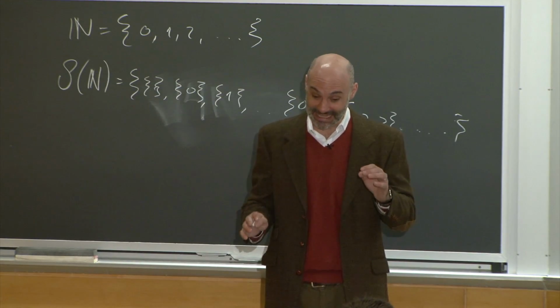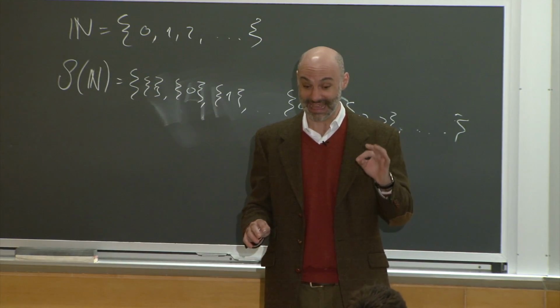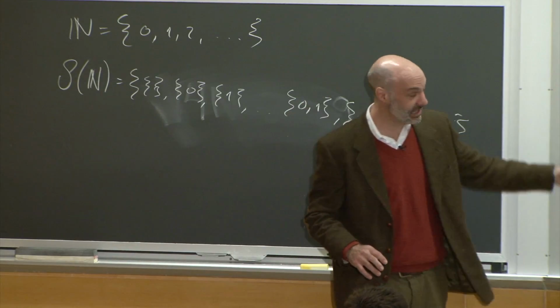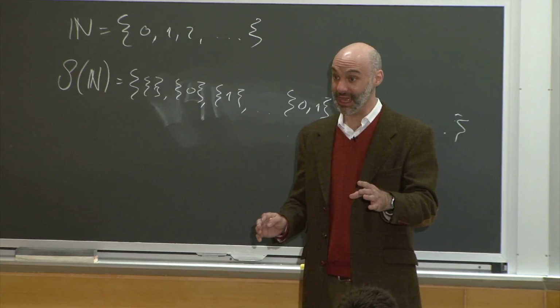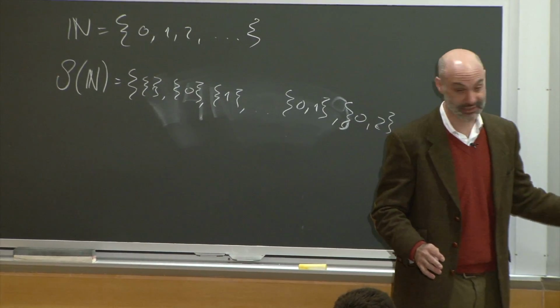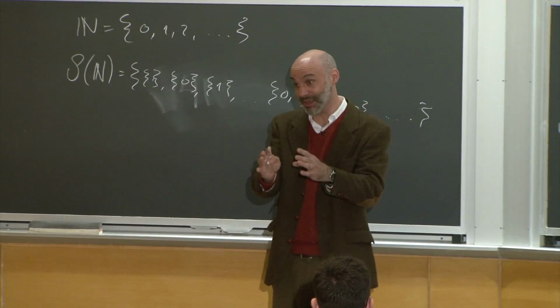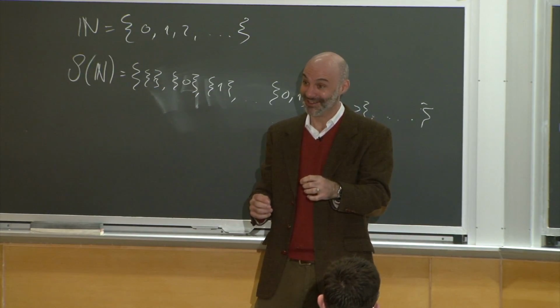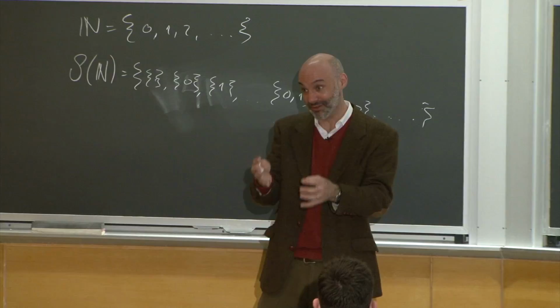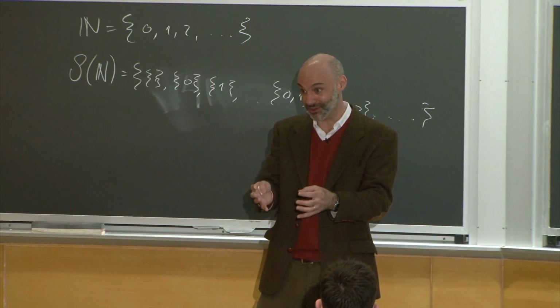All I'm saying is I'm going to tell you what the nth member of this sequence is for n a finite number. And for each of those, it's well defined. Of course, there are infinitely many of those, but each one lives at some finite stage.